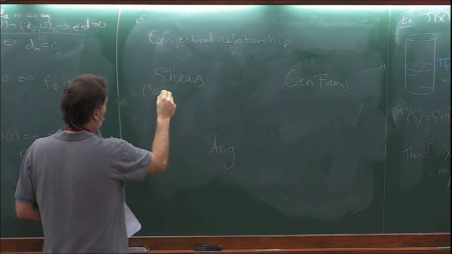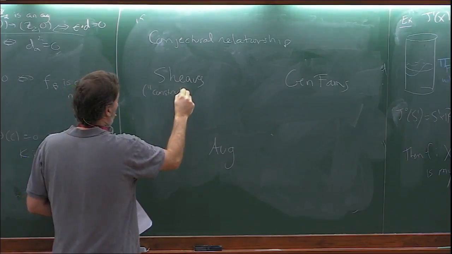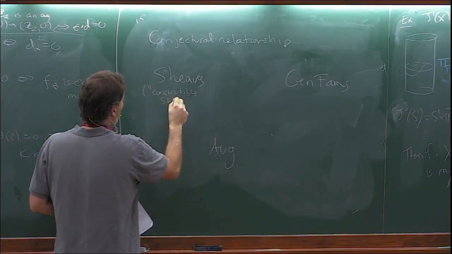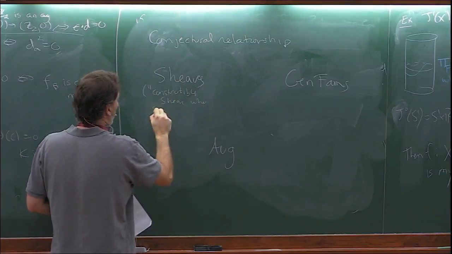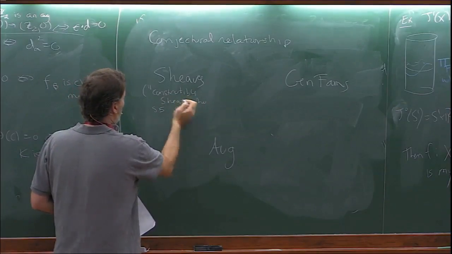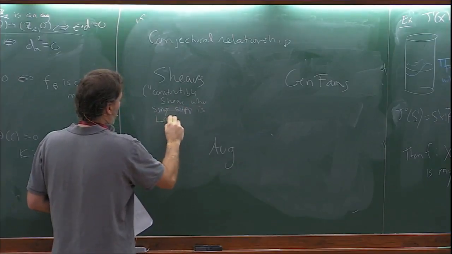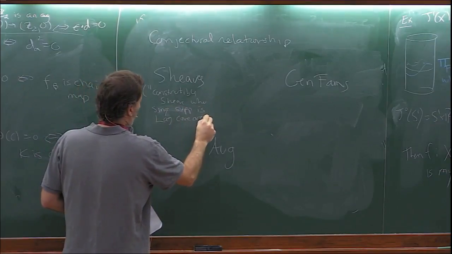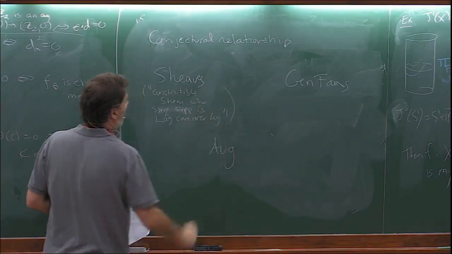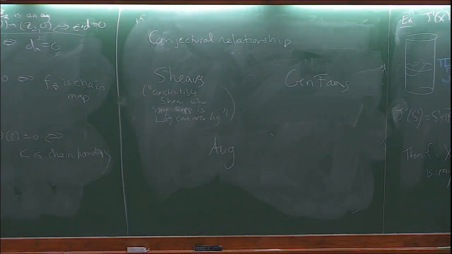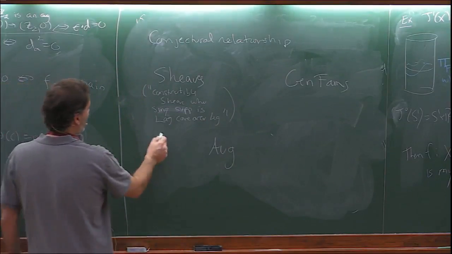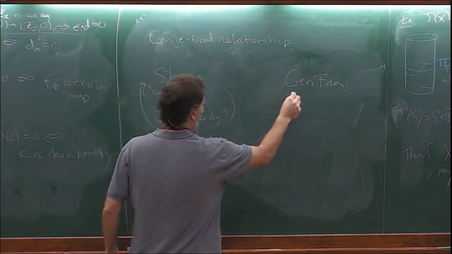And by sheaves, I'm not going to define any of these words, but if you know any of this, I mean constructible sheaves whose singular support is the Lagrangian cone over the Legendrian. There are various stages at which these things are proved.